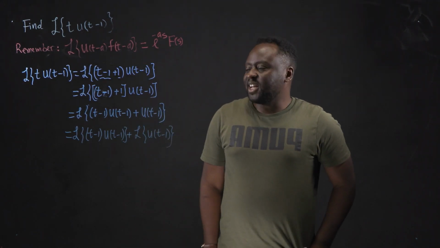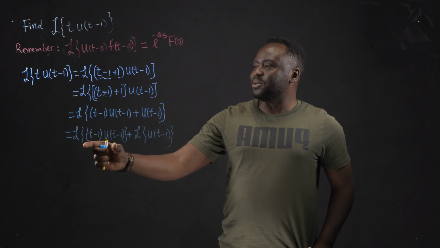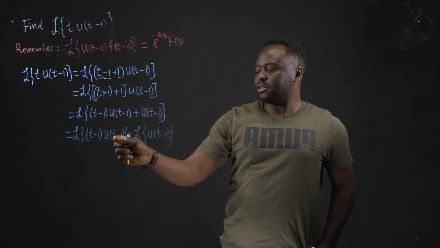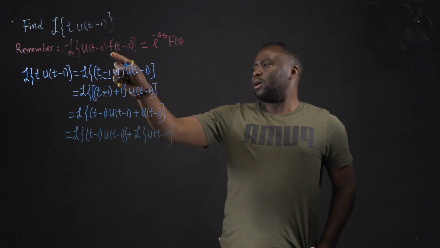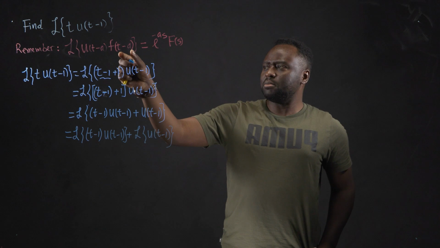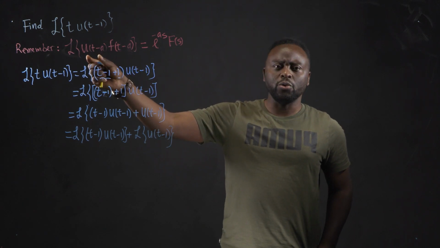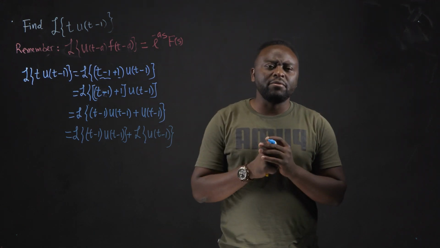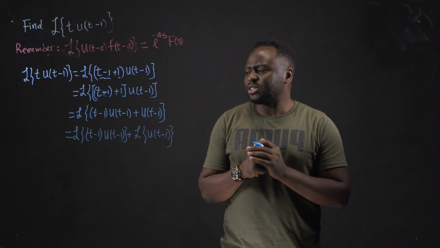All right, at this stage, this is pretty good, because here we have the same t minus 1, t minus 1. So our function f here, we can take it as a function of t, the same argument as the function of u, right? At this stage, we apply the definition of the Laplace transform.